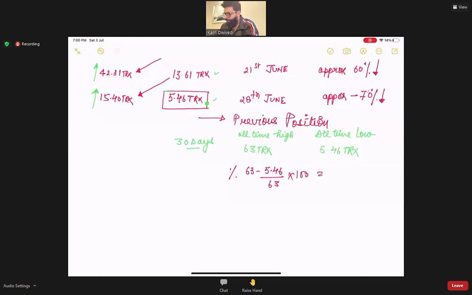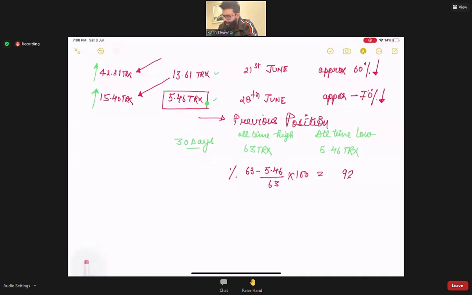So the loss was 57.54 divided by 63 multiplied by 100, it is approximately 92%.